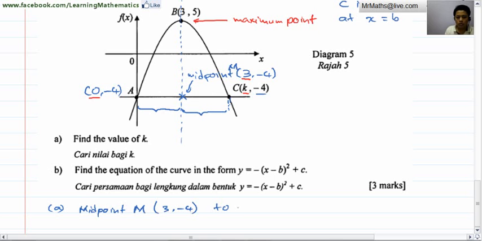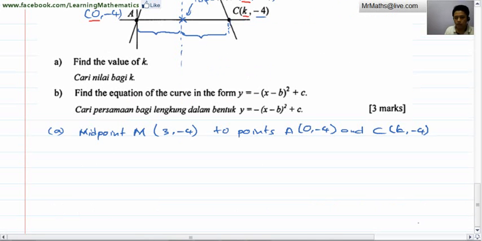The 2 points are A, 0, -4, and C, which is K, -4. As such, the x coordinate average, 0 plus K over 2, is actually equal to 3, right? Then 0 is nothing, so K is 2 times 3, 6. So that is the answer for the value K.